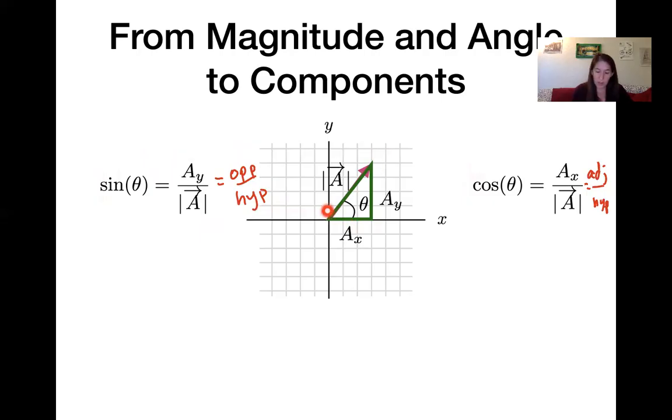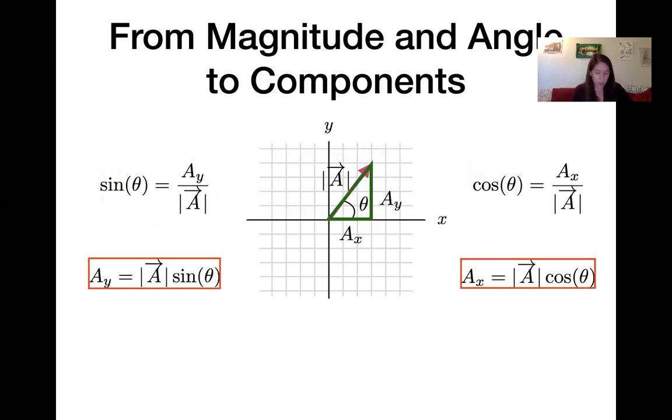And then the hypotenuse is always going to be the length or magnitude. And so using both these formulas, I simply multiply both sides by the magnitude to solve for the components a sub y and a sub x. So these are the formulas that you will need when you are solving for the components.